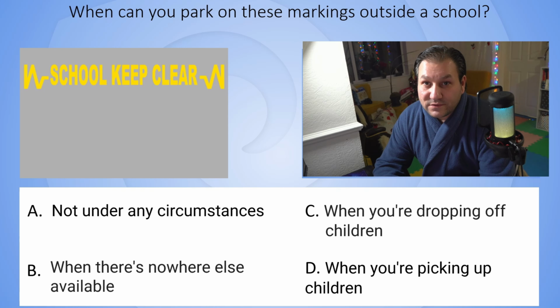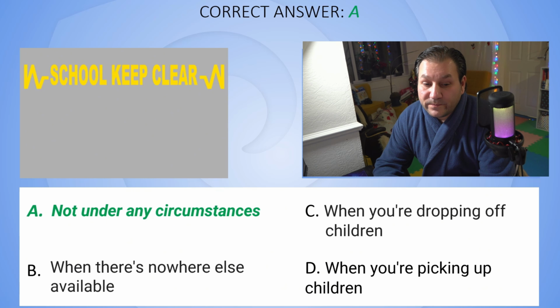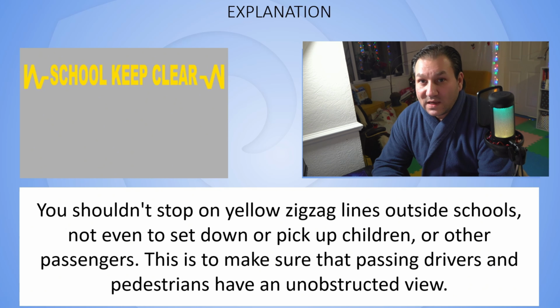The correct answer is A. Not under any circumstances. Explanation. You shouldn't stop on yellow zigzag lines outside schools, not even to drop off or pick up children or other passengers. This is to make sure that passing drivers and pedestrians have an unobstructed view.